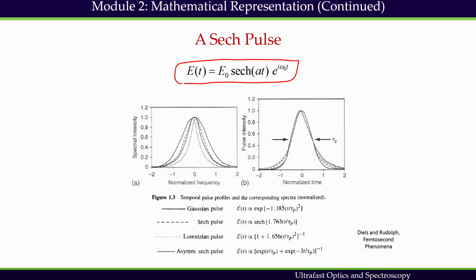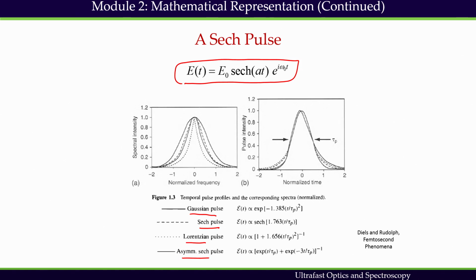And many other envelope functions can also be used as shown here: the Gaussian pulse envelope, the hyperbolic sec function, Lorentzian function, and many other field envelopes one can assume. Depending on the field envelope, one can follow similar mathematical formulation and get the time bandwidth product for a particular pulse shape.